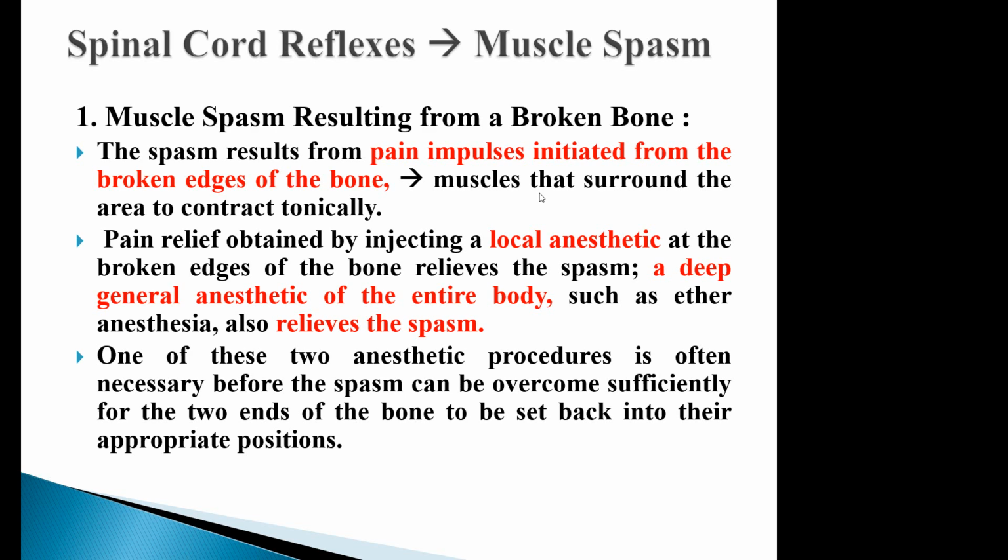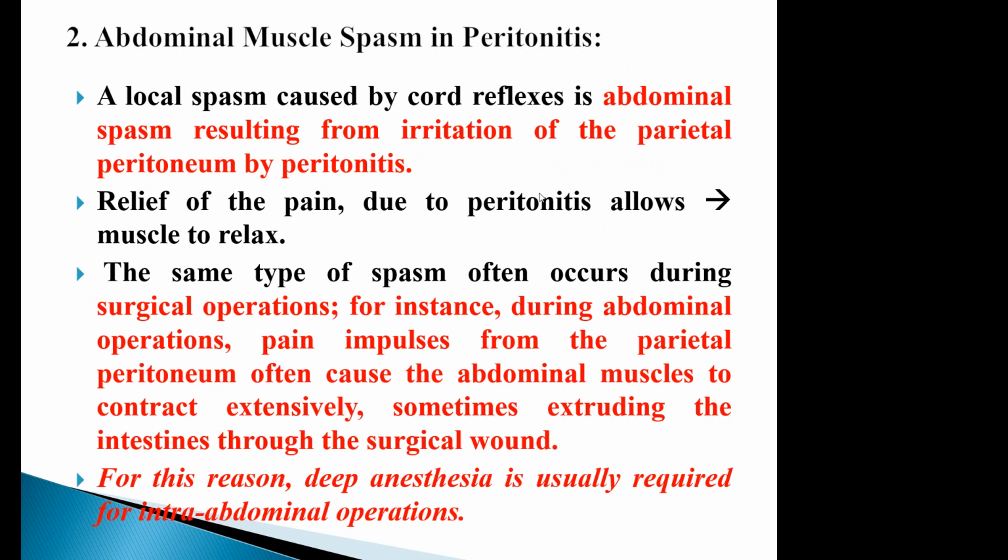Then we have abdominal muscle spasm in peritonitis, a local spasm caused by cord reflexes in abdominal spasm resulting from irritation of the parietal peritoneum by peritonitis. Relief of pain due to peritonitis allows the muscles to relax.